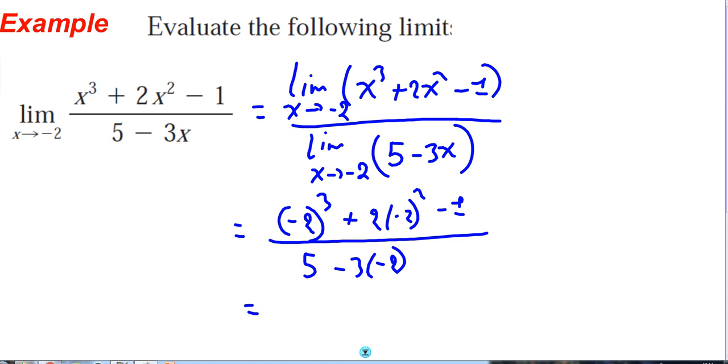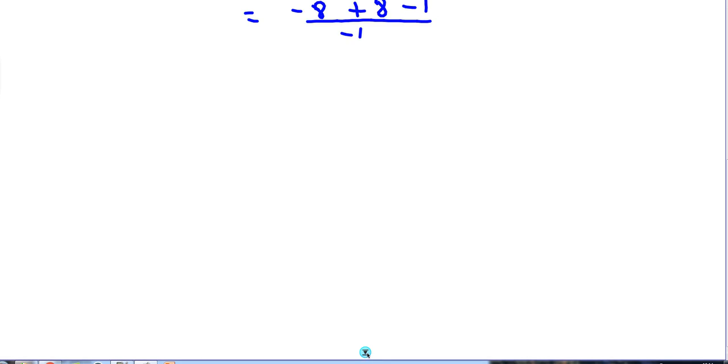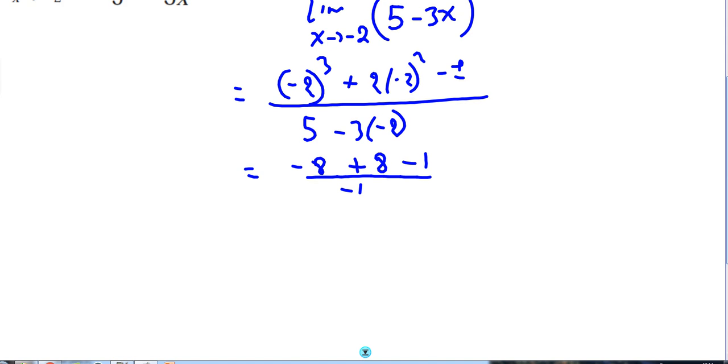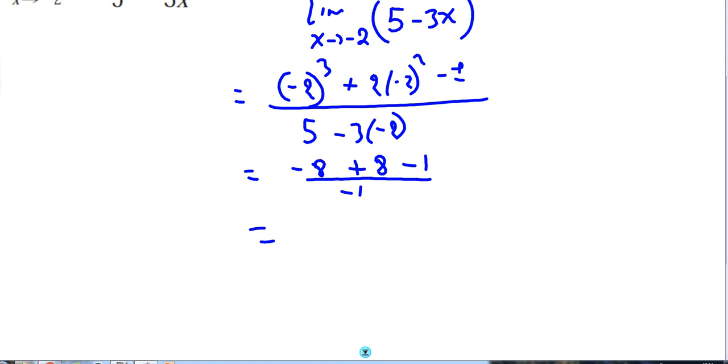That gives us negative 8 plus 8 minus 1 divided by 5 minus 6, negative 1. That gives us negative 1 over negative 1, which is 1.